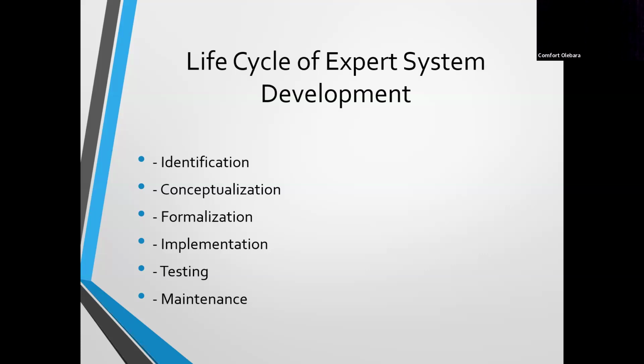In the software development life cycle, you talk of problem identification: you have to identify the problem you want to solve, then feasibility study, analysis of the old system which you're trying to change, and so on. Then you do the design of the system, implementation, testing, and maintenance. The software development life cycle and the life cycle of expert system development are the same in the last part.